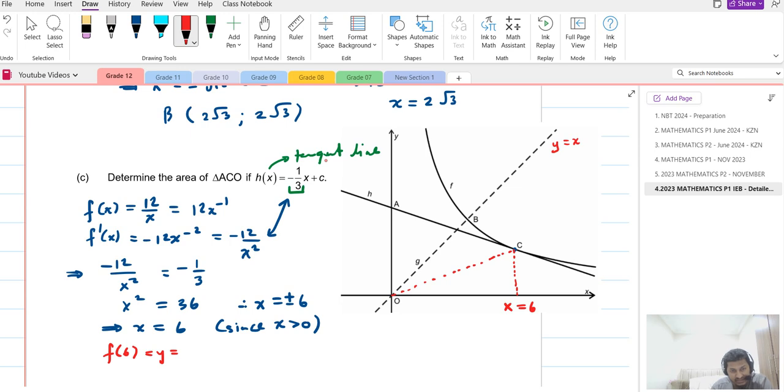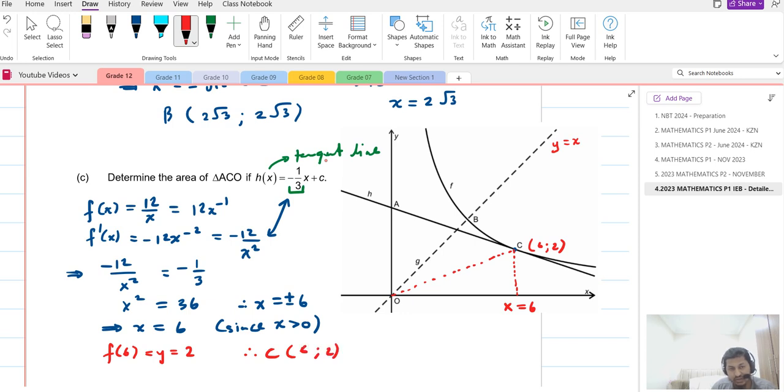So the coordinate of C is 6 and 2. Now we're going to find the coordinates of A, because we need the equation of this line.